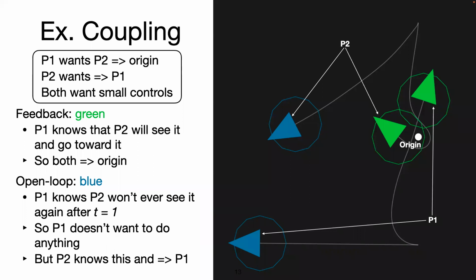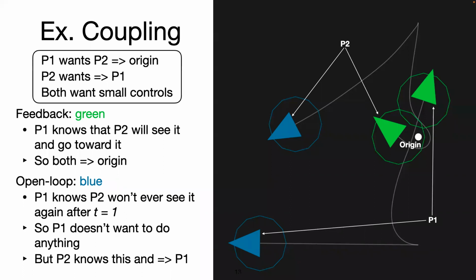That's why in this case he started with some initial speed, so player 1 just goes in a straight line. And player 2 knows that player 1 is going to want to do this, so player 2 just essentially tries to converge to player 1. That's what happens in open loop, and that's the Nash equilibrium.